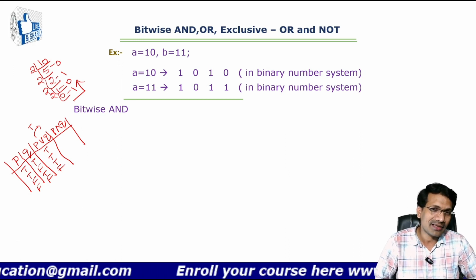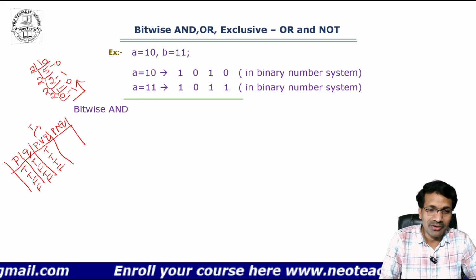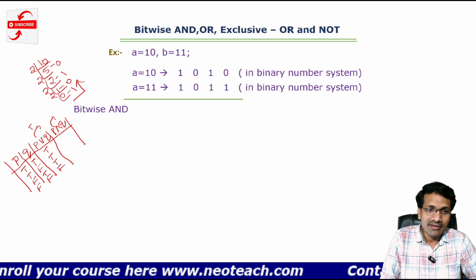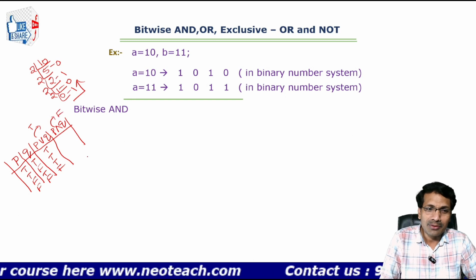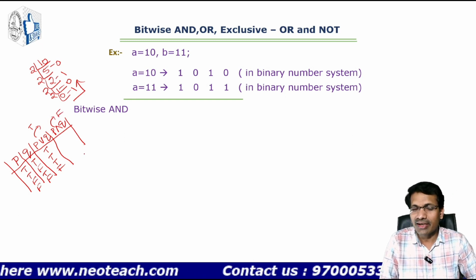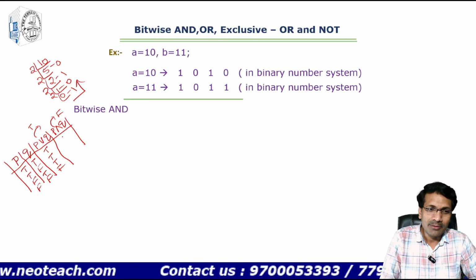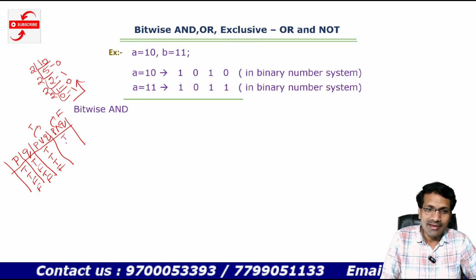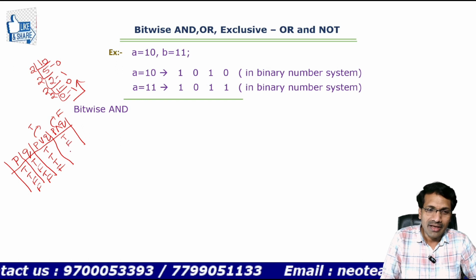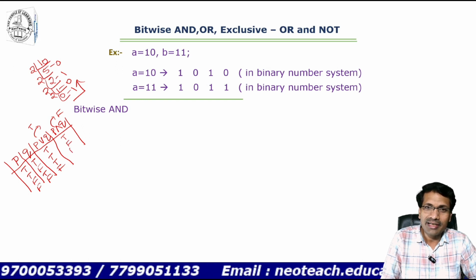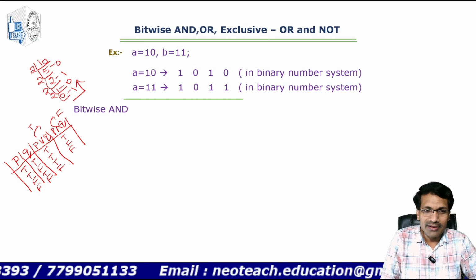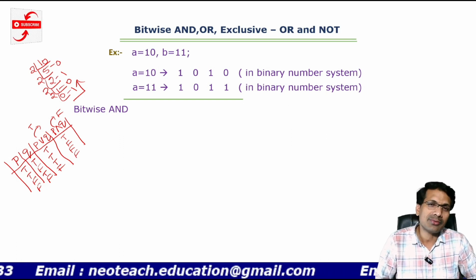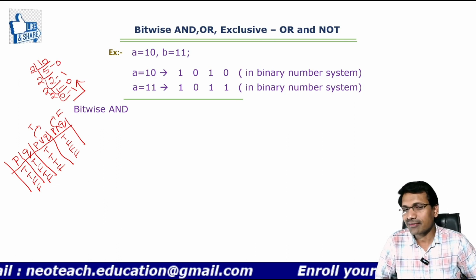Here both are true, so true. True and false gives false only, false and true gives false, and false and false gives false. Only when both are true do we get true; in other cases we get false.